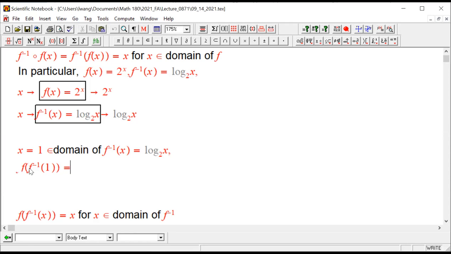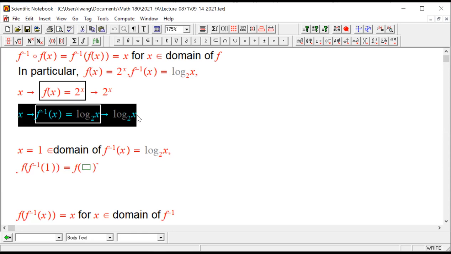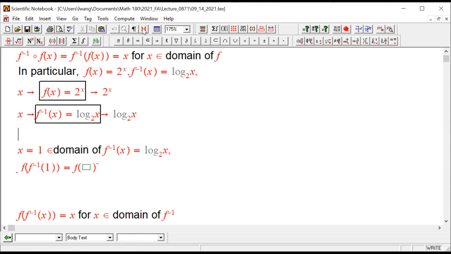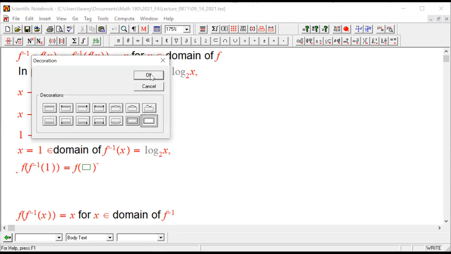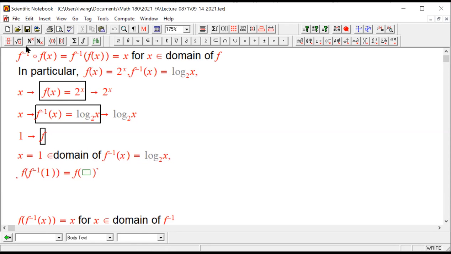Now, what is F of F inverse of 1? We do the inside first, right? So F stays outside, and the inside is F inverse of 1. What is F inverse of 1? When X equals 1, we give that to the F inverse machine.